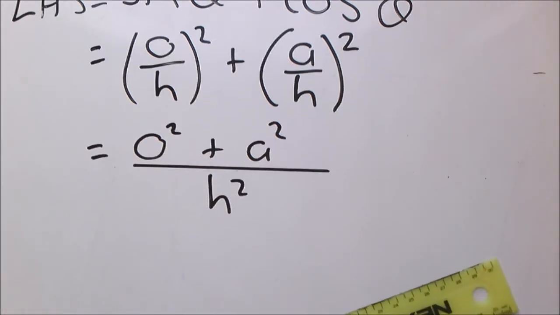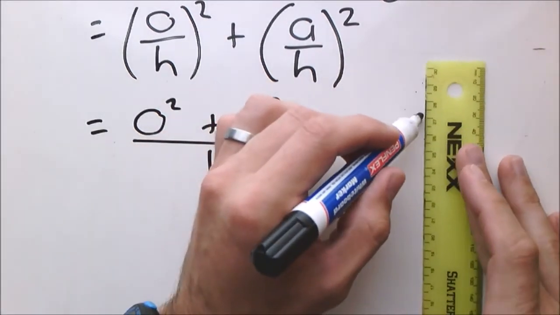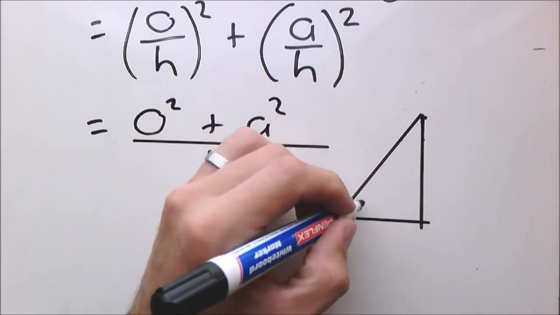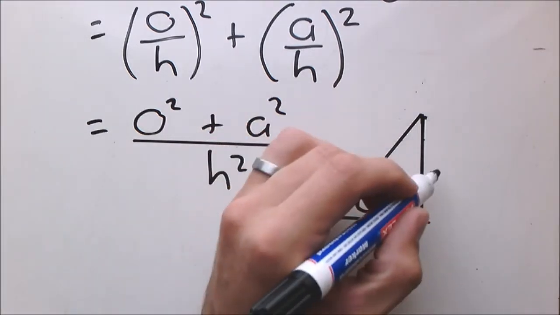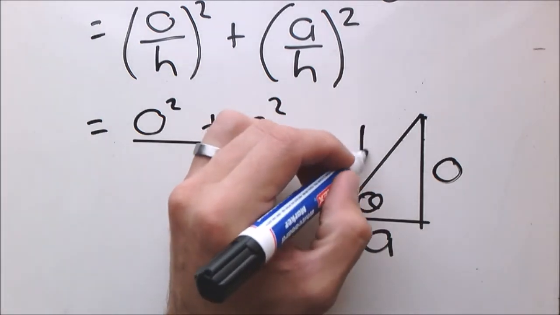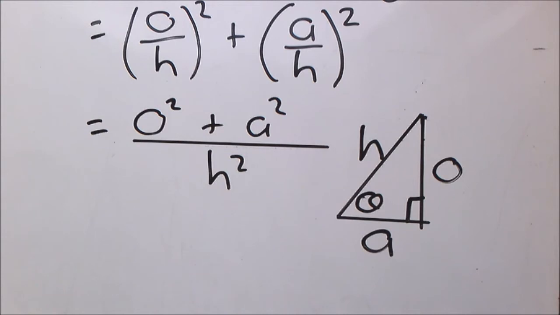But remember, we are working with a triangle, where if this is theta, this will be opposite, this one will be adjacent, and this one will be hypotenuse. And these definitions only count if it's a right angle triangle.